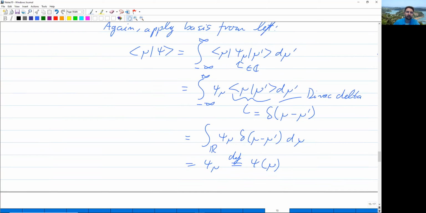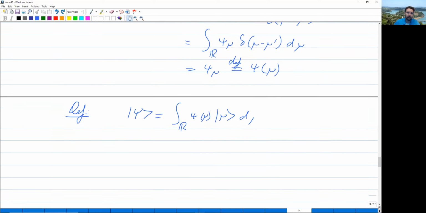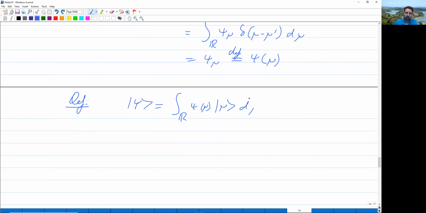But this is, of course, the way you know it, right? So now we have that psi is equal to the integral over R of psi of mu, |mu> d mu.